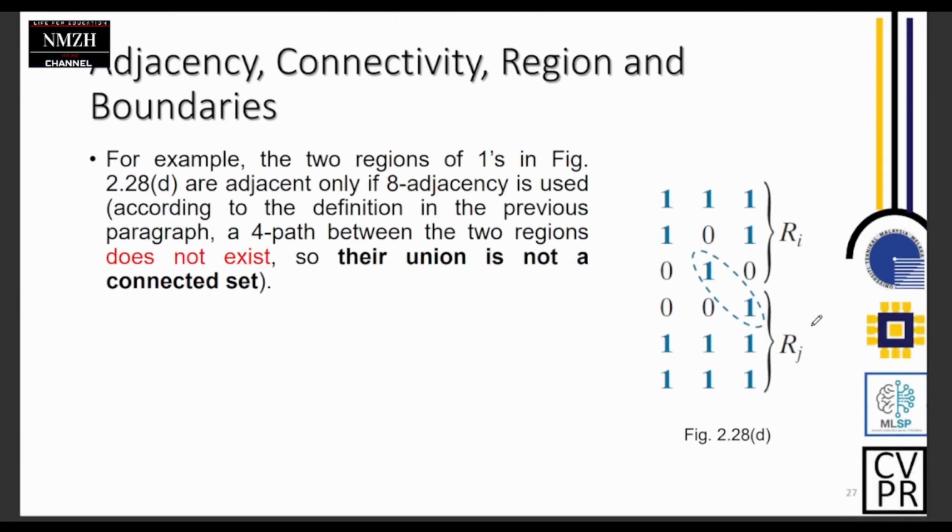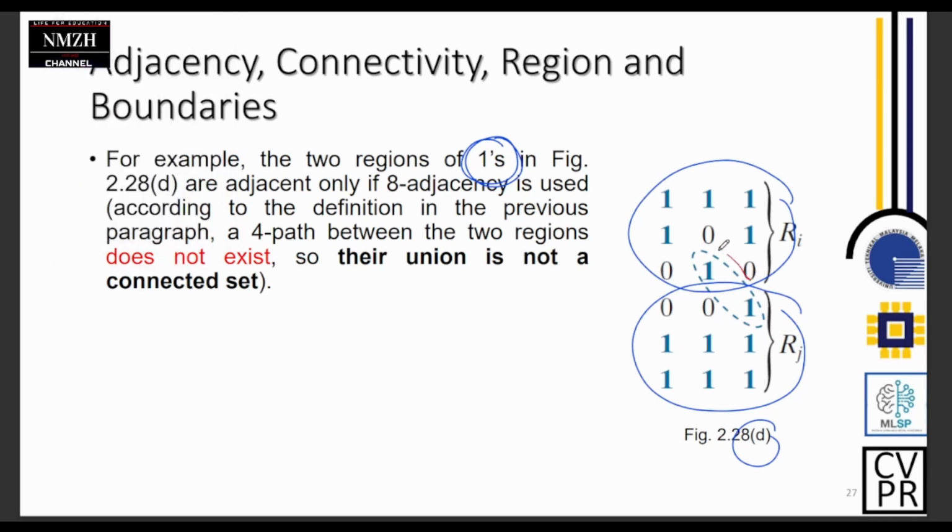Imagine this is the example where you have one region and the other is region number 2. For example, the two regions 1 and 2, for the ones in figure D, are adjacent only in the 8 sense, because the connection or adjacency of the two regions only happens by this one.